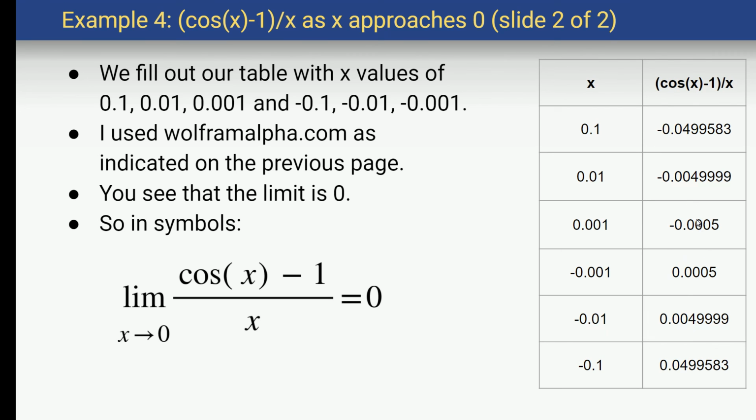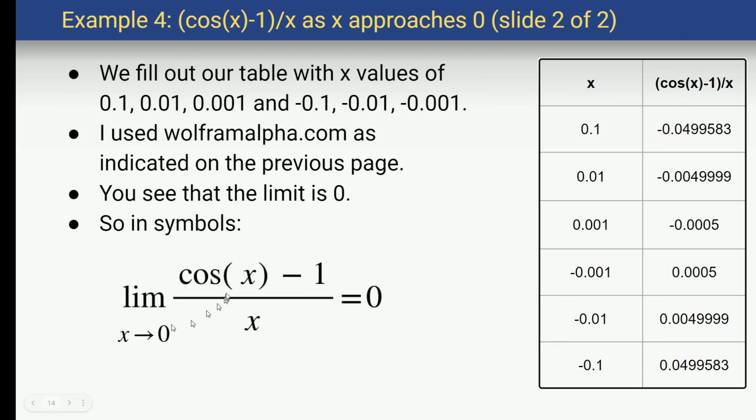If you were going to guess at what the limit is, you should look at these two center function values and say, looking at the pattern, these are getting closer and closer to 0. And that's what you'll guess as your answer for the real limit. So the limit as x approaches 0 of cosine x minus 1 over x is in fact 0. Okay, and that's how you make these tables here.